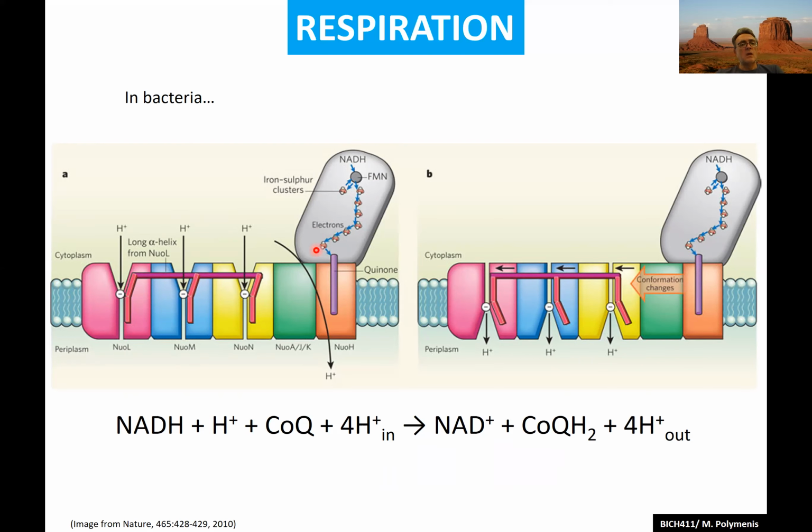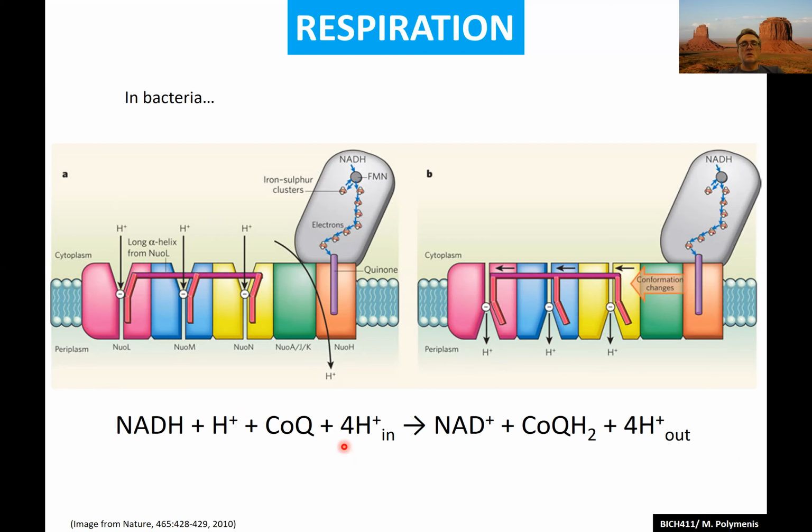Then that generates conformational changes, and some protons that were poised, and they knew more or less where they would be. Because of these conformational changes, notice how in this pink component here, it changes from this state, open from the inside, to open to the outside. Now the protons find themselves on the outside. And we need to explain 4 protons here.